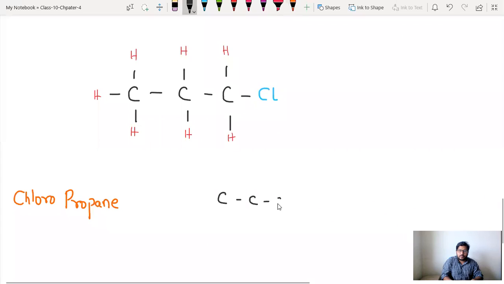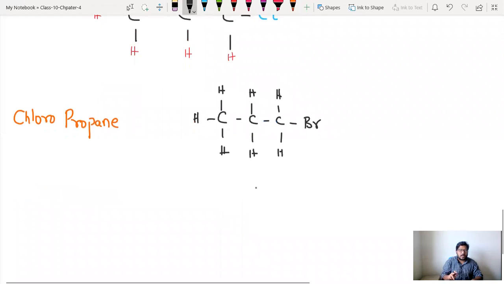Now let us draw this one. 1 2 3 4 carbons, and now if I draw H H H H, here another hydrogen, and at last if I add Br. Now this is not just a hydrocarbon compound. In this hydrocarbon compound we have added a functional group. What functional group is present? Br.